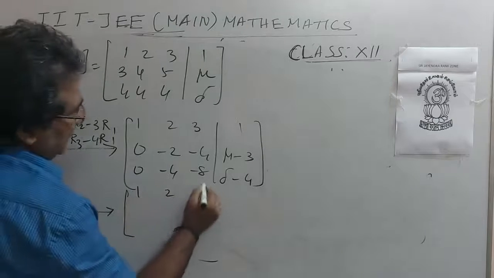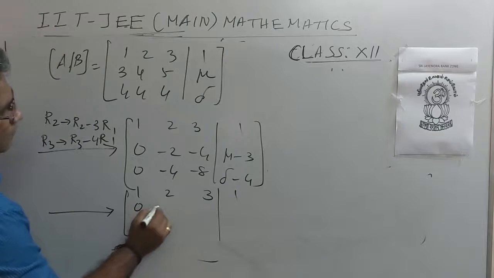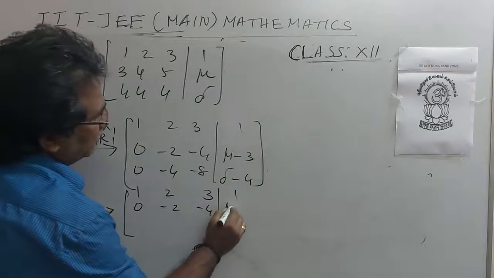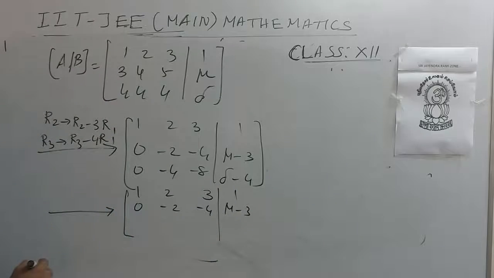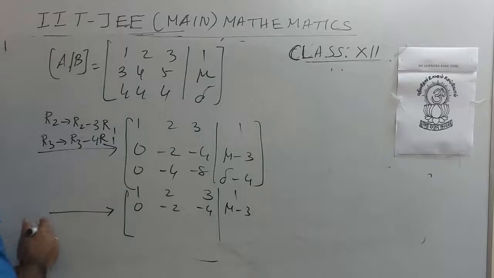1, 2, 3, 1. 0, minus 2, minus 4, mu minus 3. Multiply the second row by 2 and subtract from the third row.